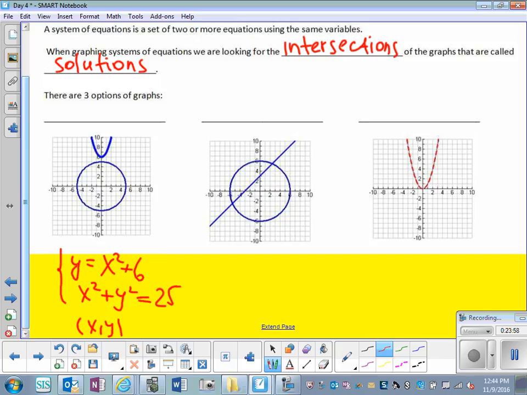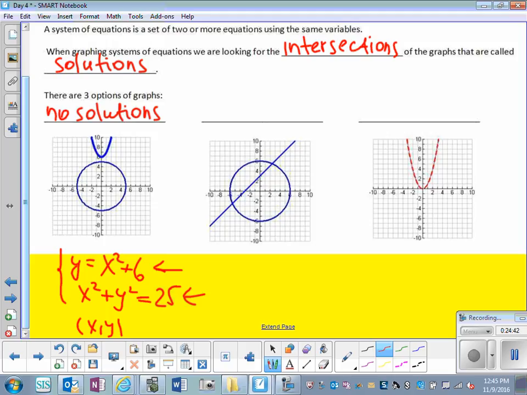None, because the parabola represents all the pairs x, y that satisfy my parabola equation, and my circle represents all the x, y pairs that satisfy the circle formula. None of the points x, y satisfy both. So we have no solutions to this system. No intersections of the graphs mean no solutions to the system.